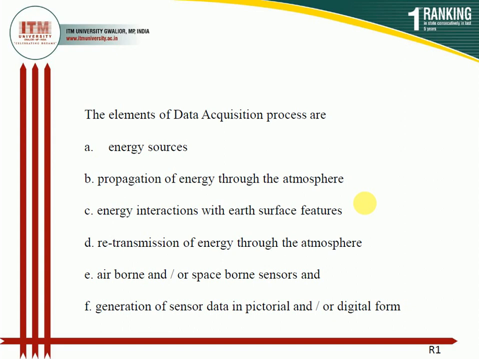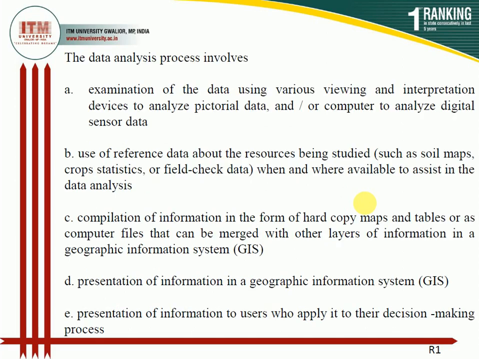So how the light interacts with the atmosphere, how the light interacts with the surface features of the earth, and how it retransmits or reflects back from the earth to the atmosphere, which type of sensors are used for capturing images of a particular land terrain, and which type of information is generated by that particular sensor. Those are the few things which we have to consider in remote sensing.